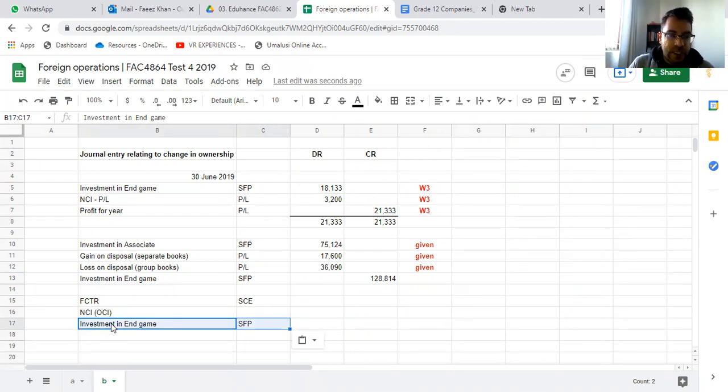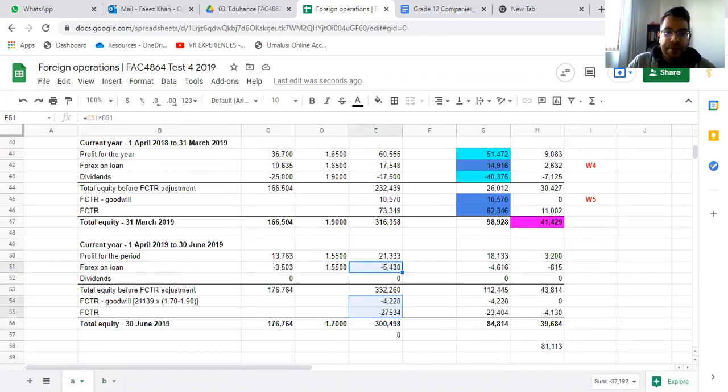So let's have a look what's happening. For FCTR, we're recognizing what happened to FCTR in the current year. So have a look over here. Remember, FCTR is going to be those three, but also the Forex on the loan. So just take note of that. The FCTR is going to be the normal FCTR on Goodwill and the normal FCTR, but don't forget, you will also take the exchange rate on the Forex loan.